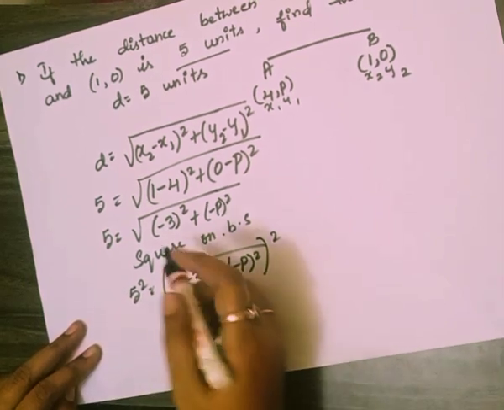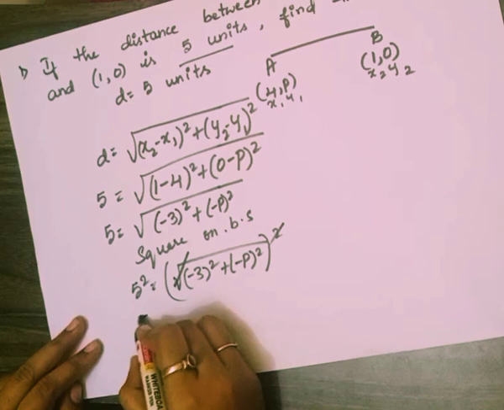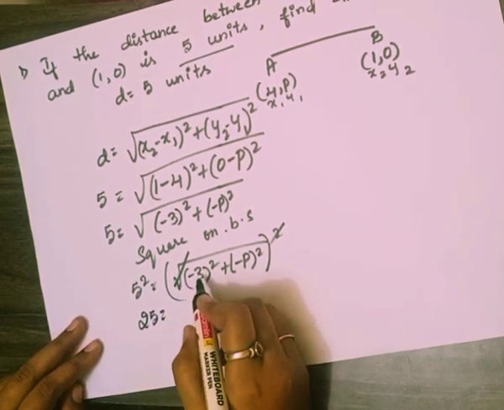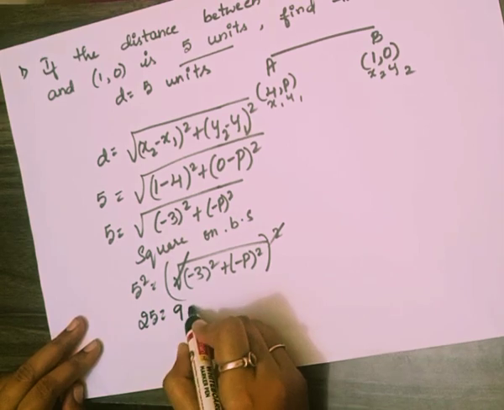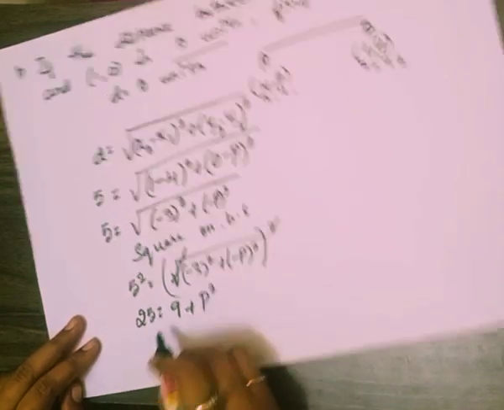Now the square and root cancel. So 5 square is 25, equal to (minus 3) into (minus 3), which is 9, plus (minus p) into (minus p), that is plus p square only.